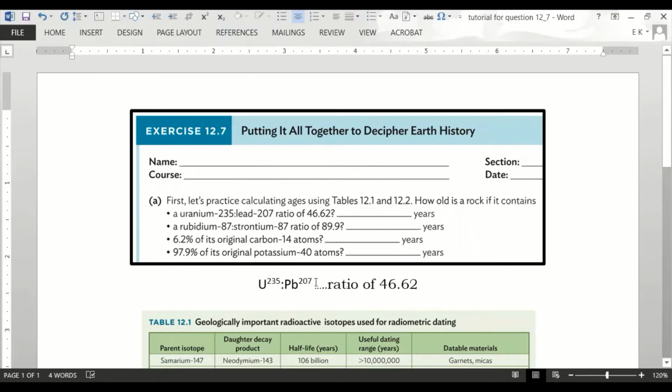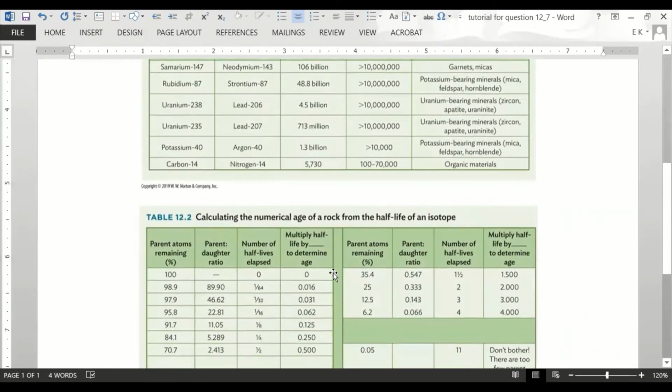So I wrote that information here, uranium-235 to lead-207, and the ratio between the parent isotopes and the daughter atoms is 46.62. So the first thing we're going to do is look at table 12.2, which is on page 317.